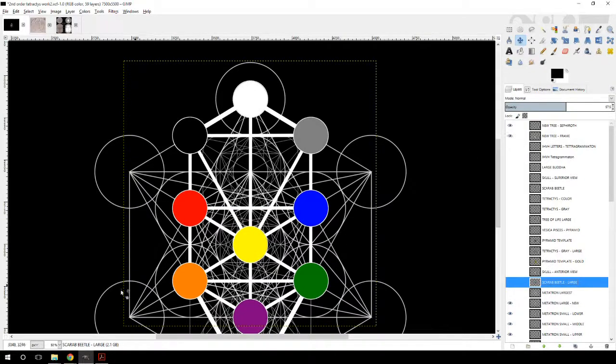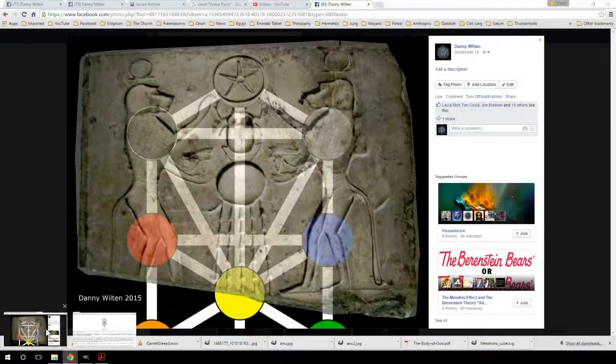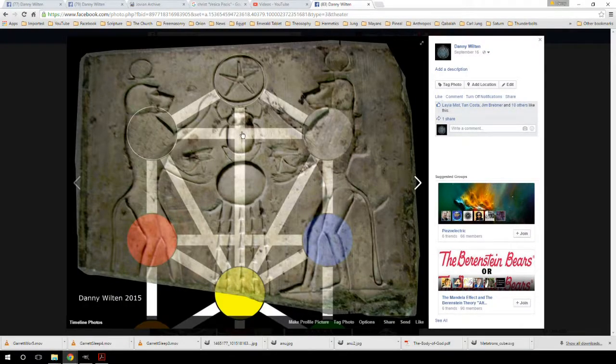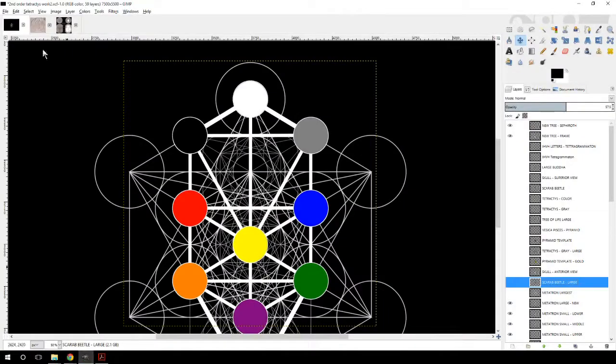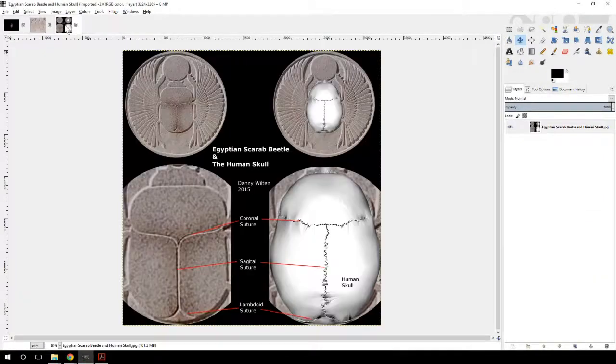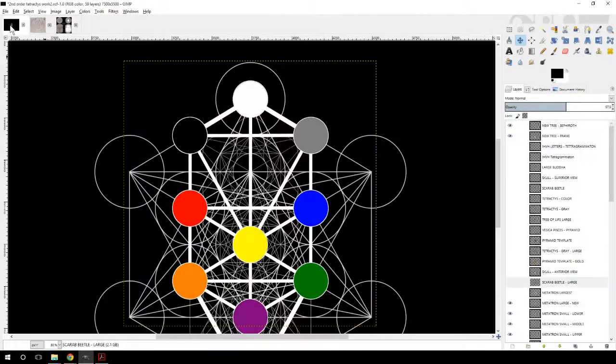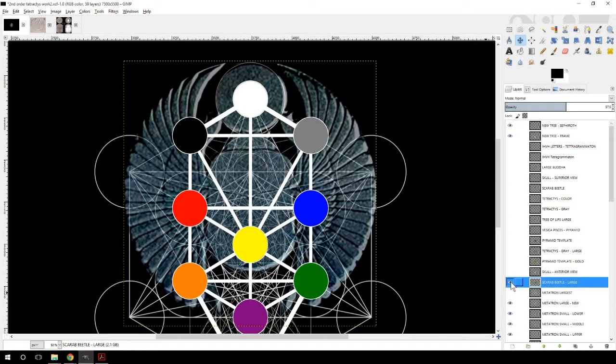So when we take a look at this diagram over here, if you notice, the beetle is right here on this cross. This is the same as the skull or the head that we just seen. Remember this diagram right here. So here's our Tree of Life, and if you remember our large beetle, I've now moved him up here, okay?